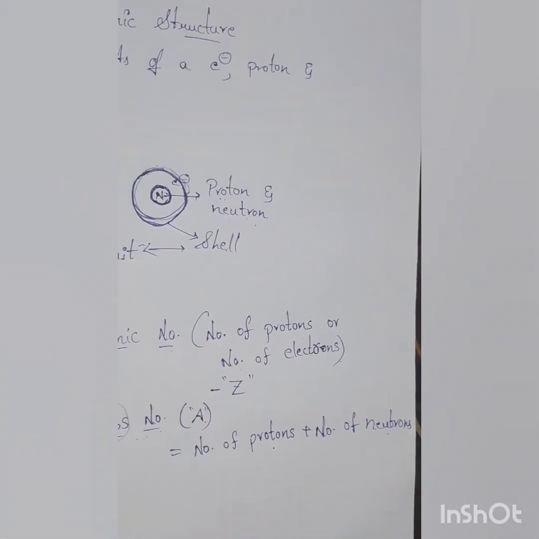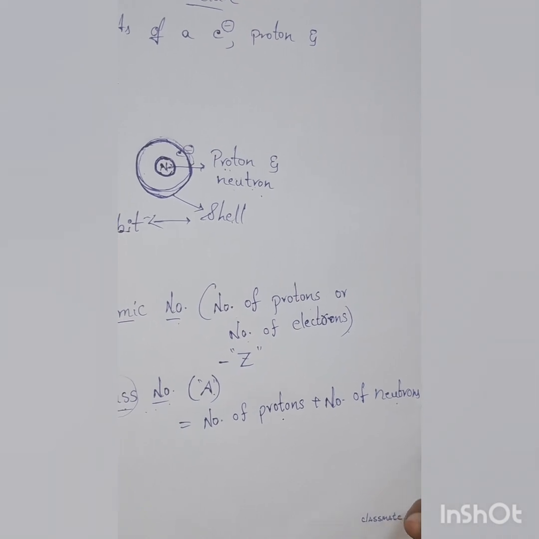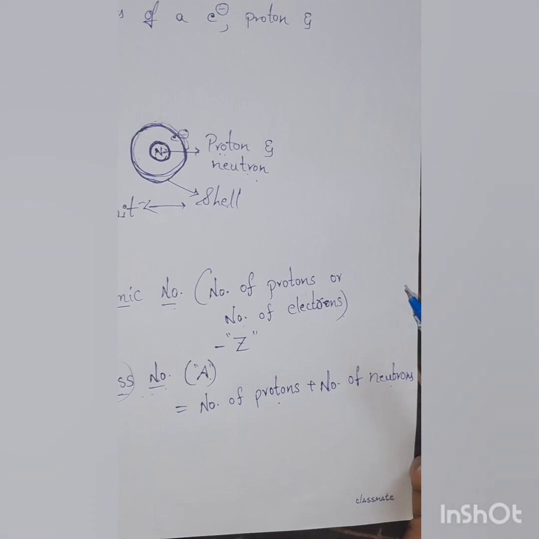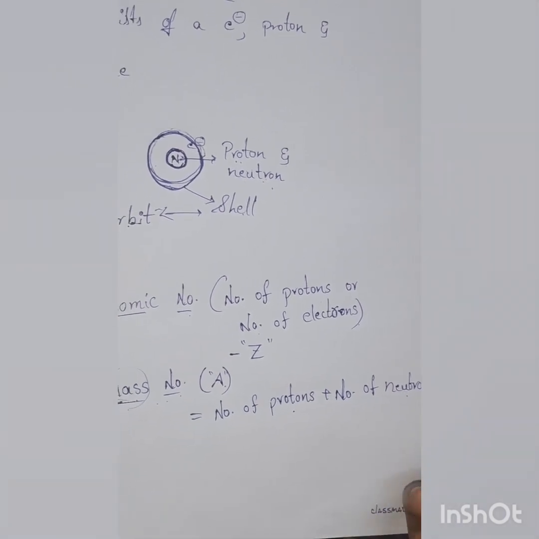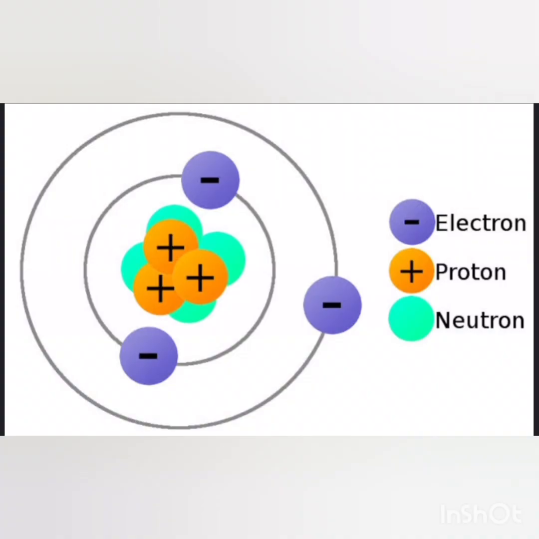Okay, dear children, this is all about atomic structure. We have seen what an atom is, what the subatomic particles are, where the subatomic particles are present, and what shell, subshell, orbital, orbit, atomic number and mass number are, right? Now coming to proton, electron, neutron.